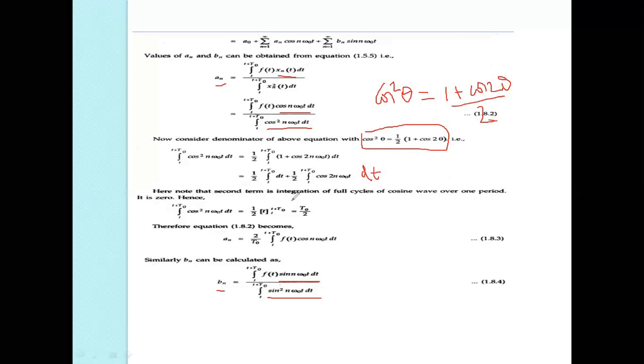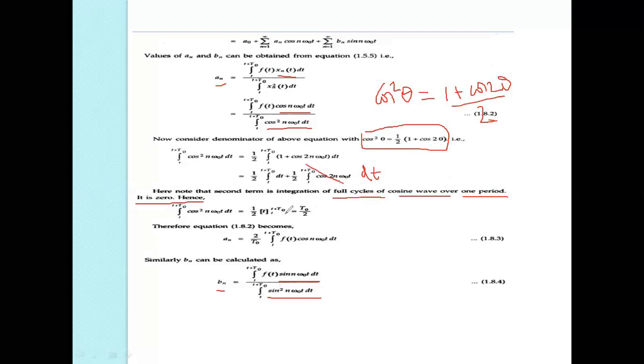Here note that the second term is the integral of a full cycle of a cosine function over one period. It is 0 always. I already told you, in a full cycle the cosine function or the sine function is 0. So integral t to t plus t naught cos square n omega naught t is equal to 1 by 2 t, and this other function is 0.